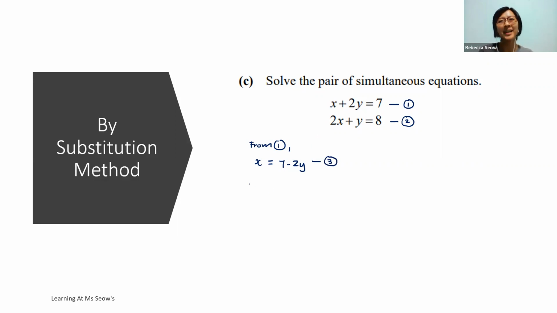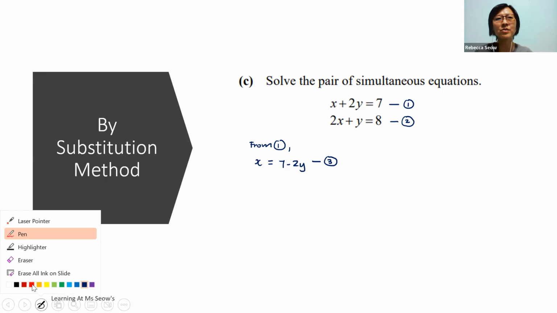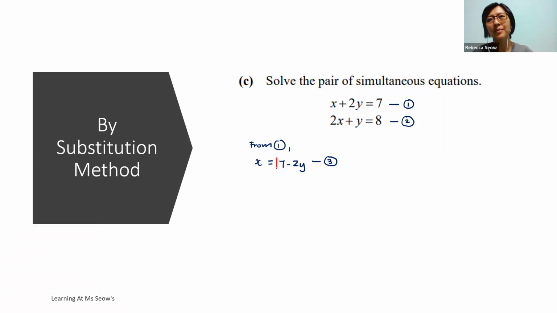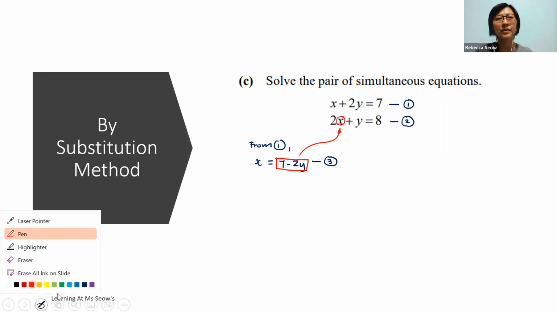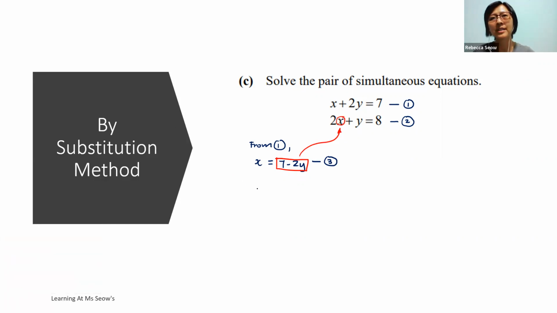Now, we have x equals a certain value, 7 minus 2y. What we are going to do next is to replace x by 7 minus 2y in here. How we are going to express it is to sub equation 3 into equation 2.